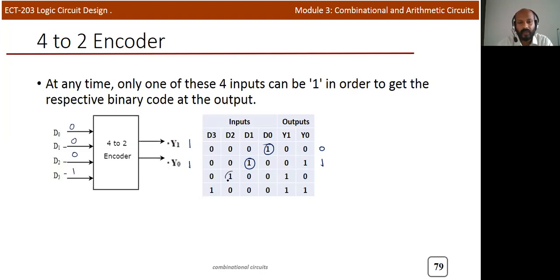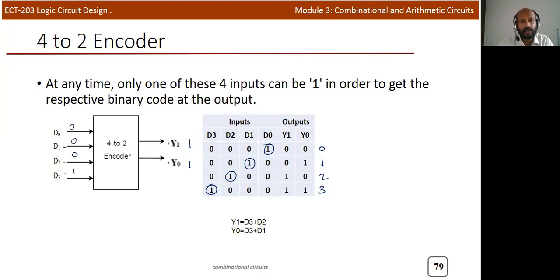And when the D2 line is 1, the output y1, y0 will be 1, 0, which is equivalent to 2. And when the D3 line is equal to 1, y1 is equal to 1 and y0 is equal to 1, the binary equivalent of 3.